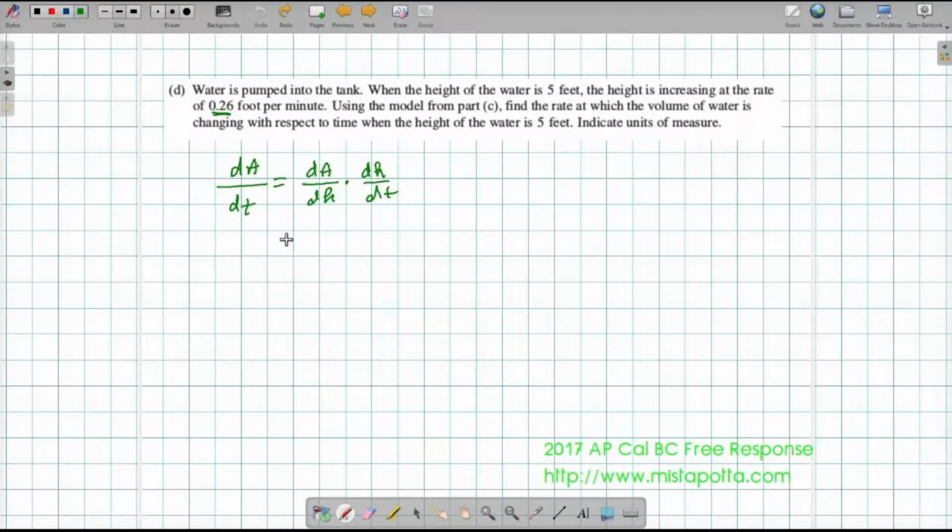So what I really want to do is take the derivative of that formula, 50.3 divided by e to the 0.2h plus h. And I want to take that derivative at h equals 5, and multiply that times 0.26.